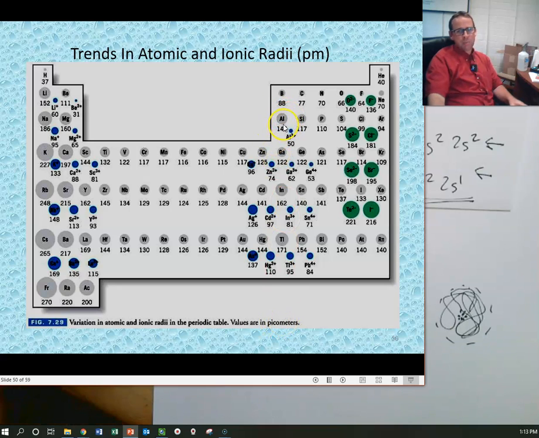Aluminum's 143 picometers, and as we move to the right, argon goes all the way down to 94. So why is that? Why is it that when we're adding more electrons, the actual size of the atom is not increasing? So let's answer that question first. Why is the size not increasing? And then second, we'll say, why is the size decreasing?